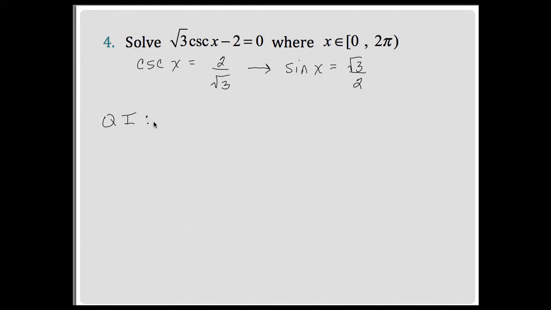So once we have our reference angle, well, that's your quadrant 1 answer. Our other answer is going to be in quadrant 2. So now this is where you want to think of your unit circle values again. You want to think what angle on the unit circle has a sine value, meaning a y coordinate, of square root of 3 over 2.